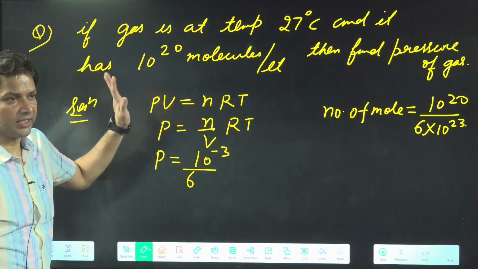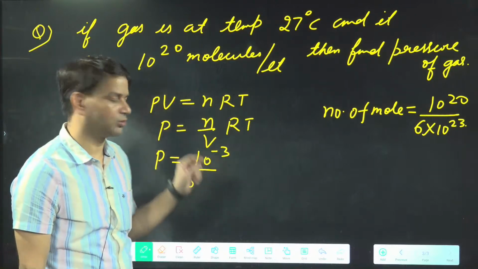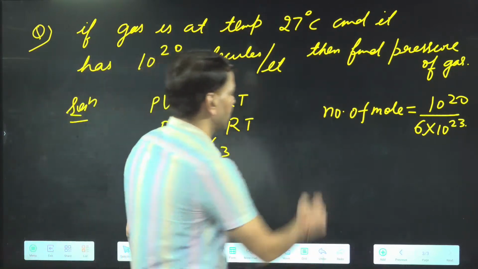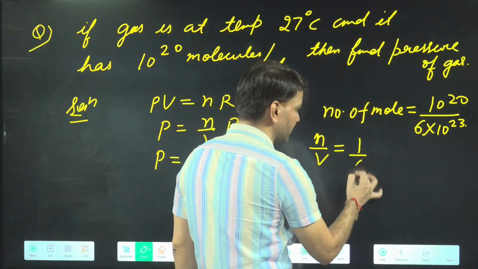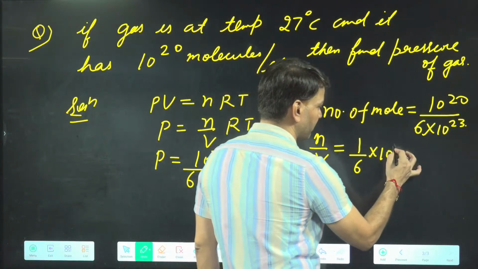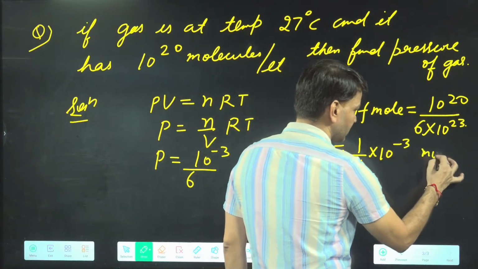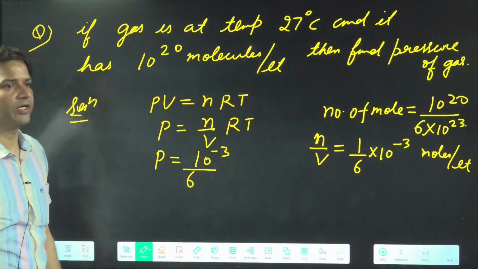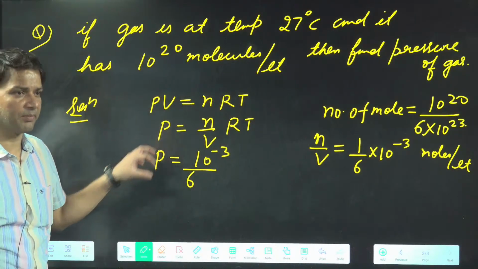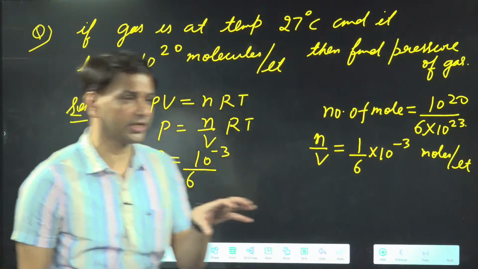Volume I am taking directly in liter. So n upon V, number of moles upon V, I can write as 1 by 6 into 10 to the power minus 3 moles per liter. But remember that volume I am putting in liter.